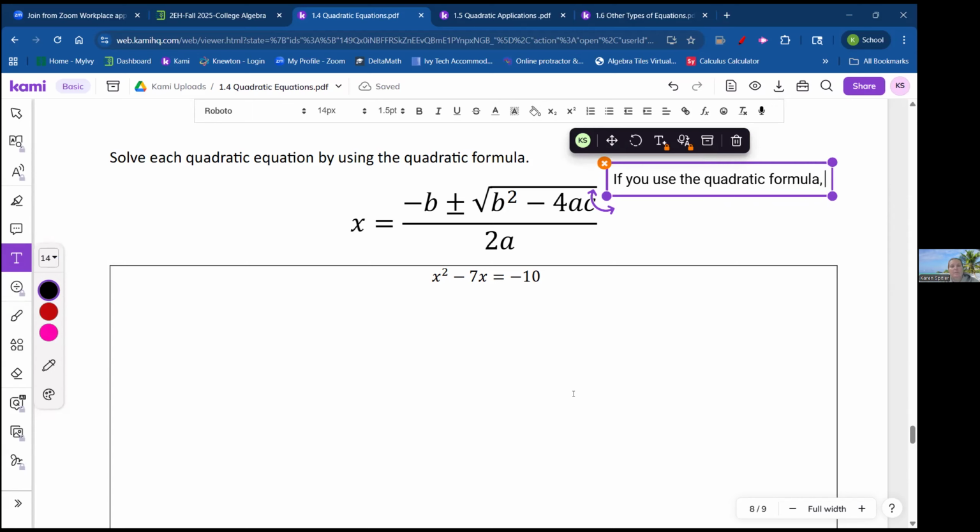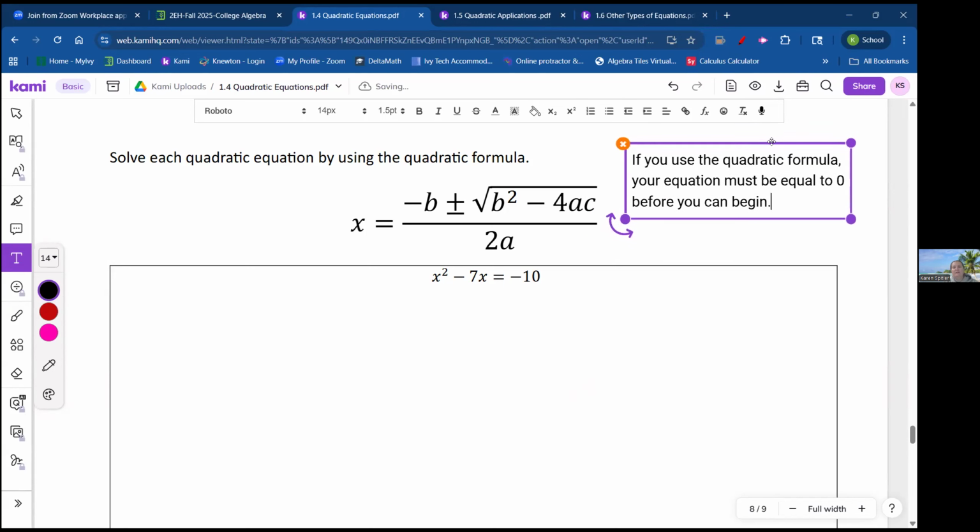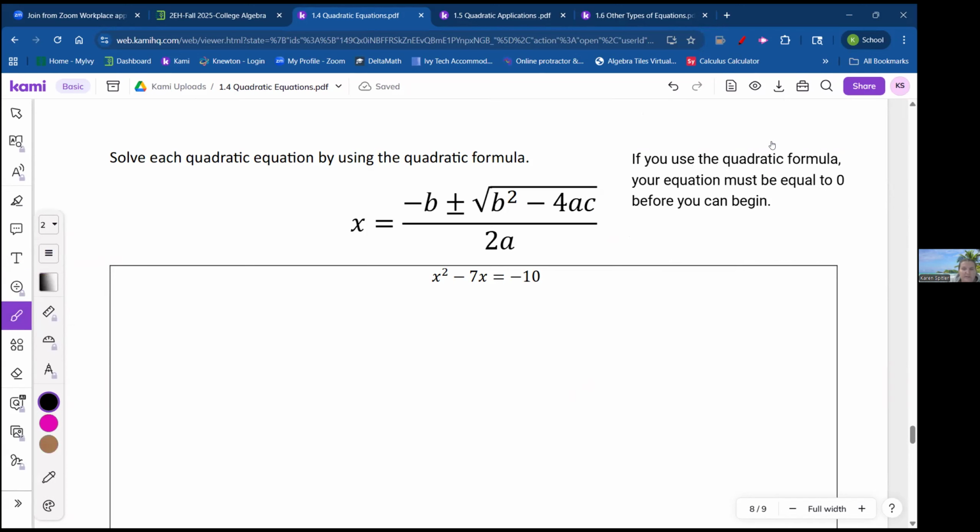That's my caveat there. That's my only statement with the quadratic formula. It does not matter if A is 1, 2, 3, 1,000,000, where it did with completing the square. The quadratic formula has to be equal to 0.